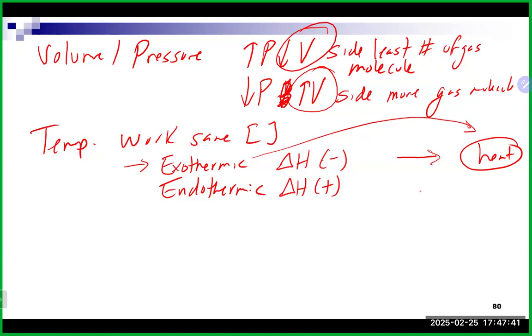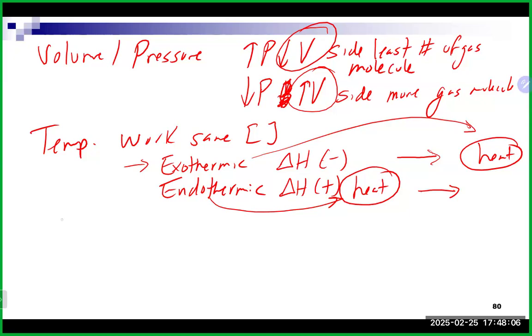The opposite would be true, obviously, with an endothermic reaction. Heat is considered a reactant in that case. If we increase the temperature of an endothermic reaction, the reaction shifts to the right, away from the reactant side. And if we decrease the temperature, put everybody on ice, it's going to go to the left.